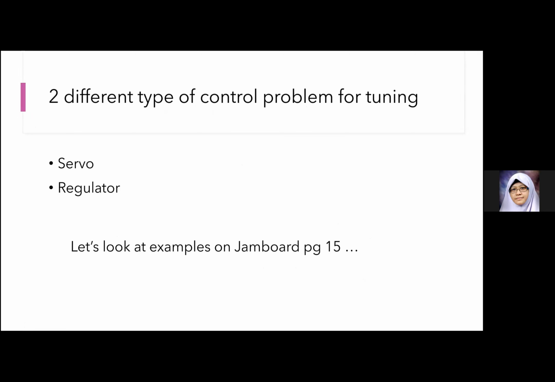Now, when you want to tune, there are two types of problems. You have correctly identified just now the servo and regulatory problem. So let's look at Jamboard to see if you can identify all of them. Okay, this one.